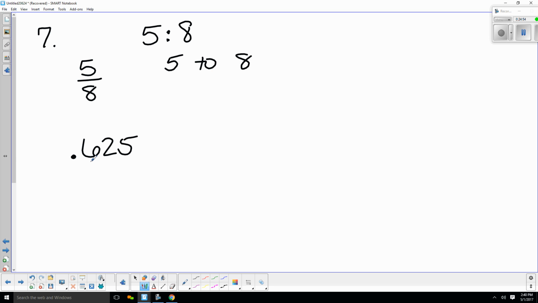When I change from my decimal to a percent, 2 places to the right, it becomes 62.5%. So which of the following is true? 5/8 is true. 0.625, 5 to 8, and 62.5%. So you have 4 answers there as well. Okay. Anybody have a question with number 7?